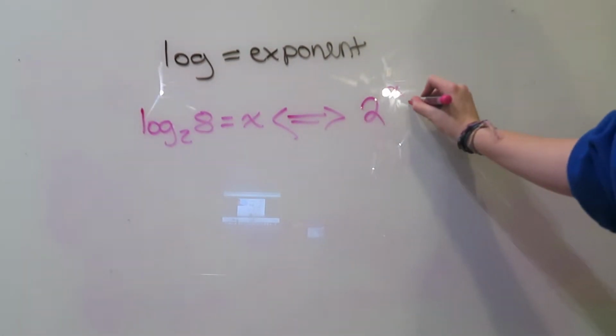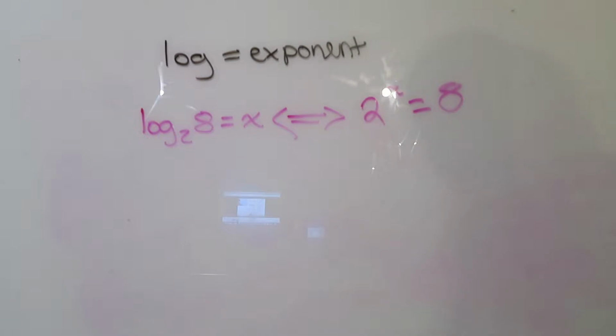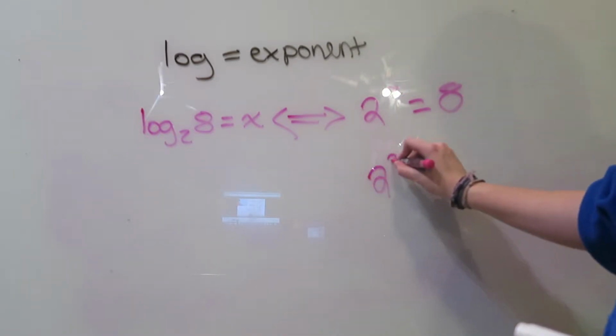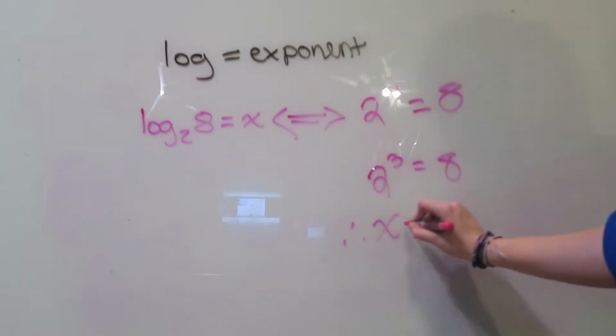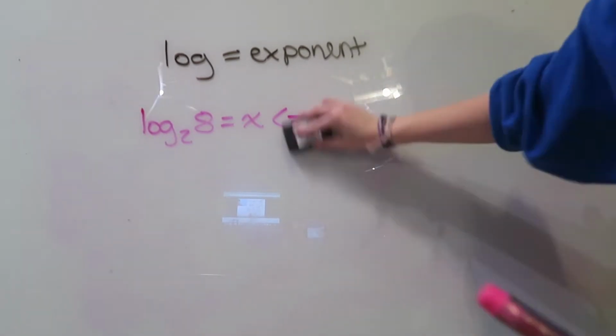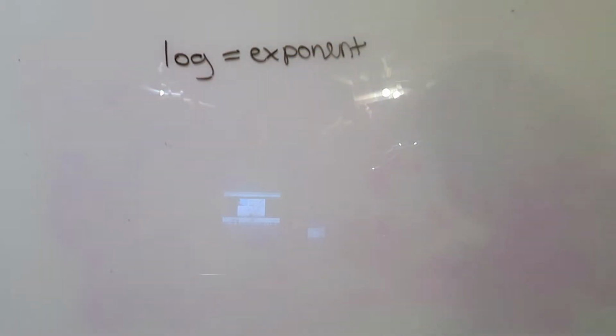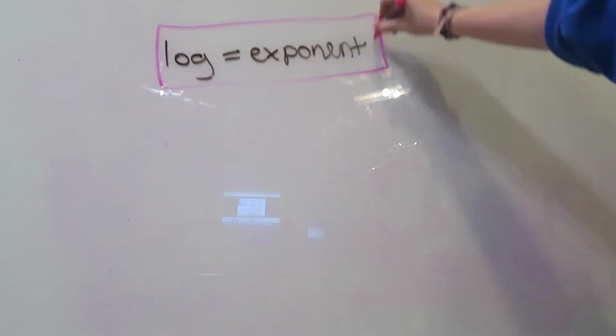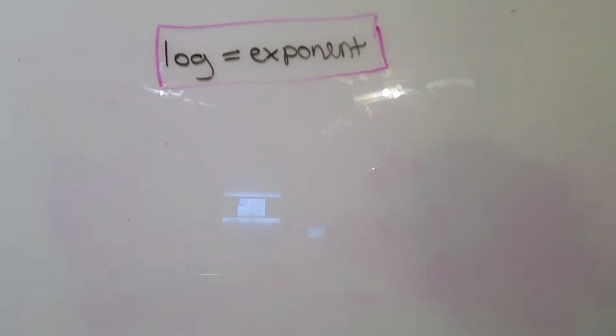So a log is the exponent we have to raise the base by, in this case 2, to equal 8. And since we know that 2 to the power of 3 equals 8, this means that x is equal to 3. So by simply remembering that a log is an exponent, you can work your way through any difficult problem.